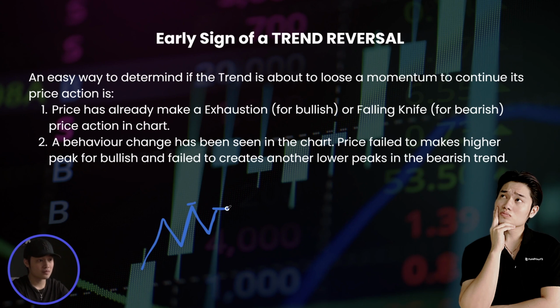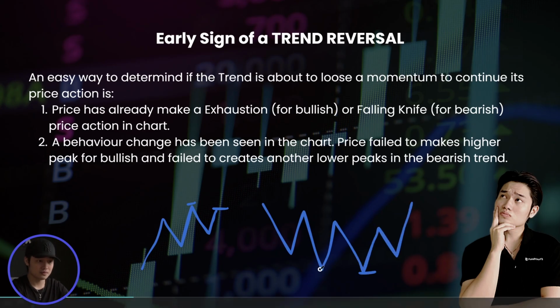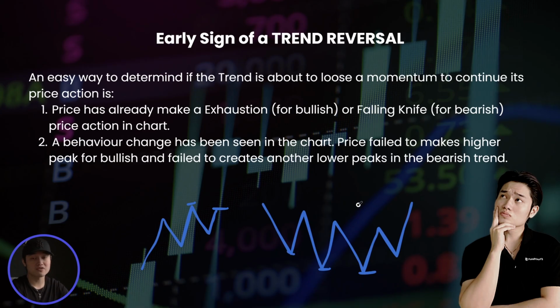And for the bearish trend, the price failed to create another lower trough. The price failed to make a lower trough and lower peaks on the bearish trend, and on the bullish trend, the price failed to make a higher peak and a higher trough.